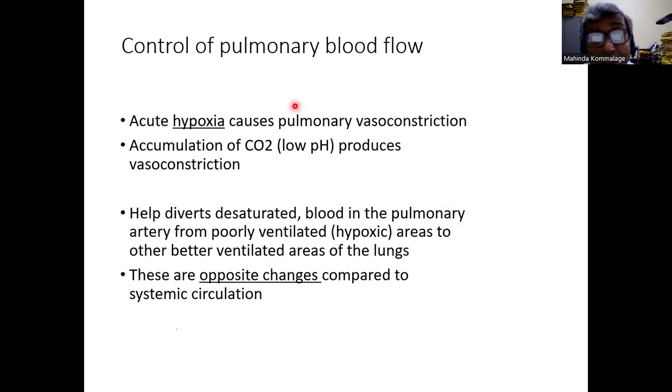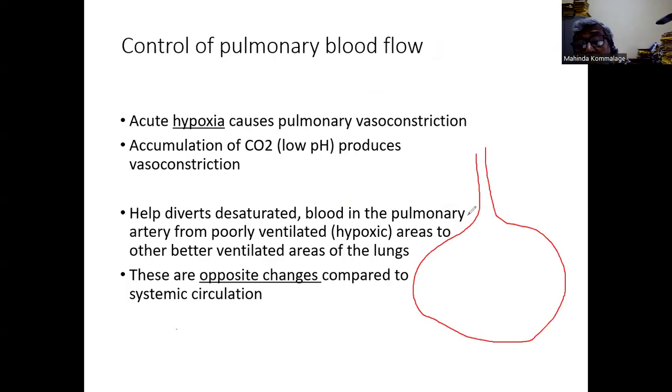And about control of the blood flow, one important thing I need to describe. Let's say this is alveoli and this is blood vessels, capillary, and blood flow is like this, right?